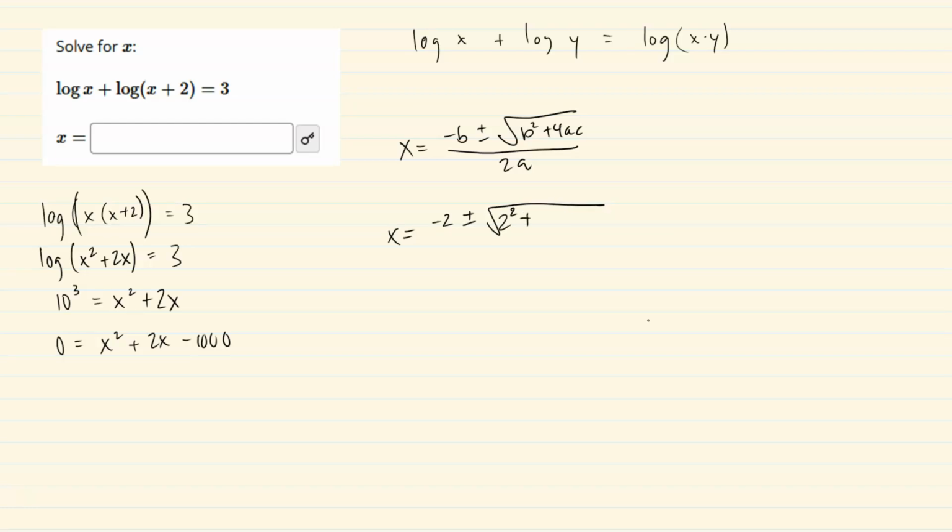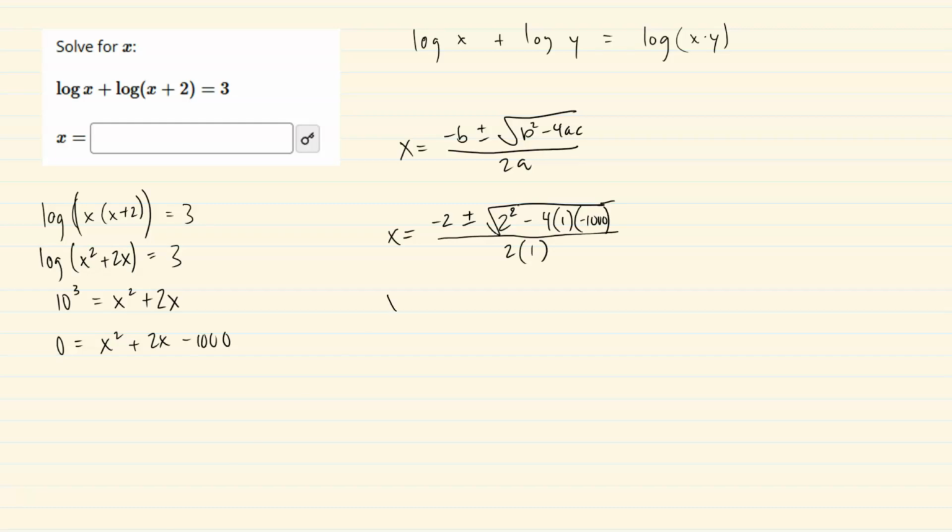Oh, sorry, I accidentally drew a plus here. That should be a minus: minus 4ac. So that's minus 4, a is 1, c is negative 1,000, all over 2 times 1.